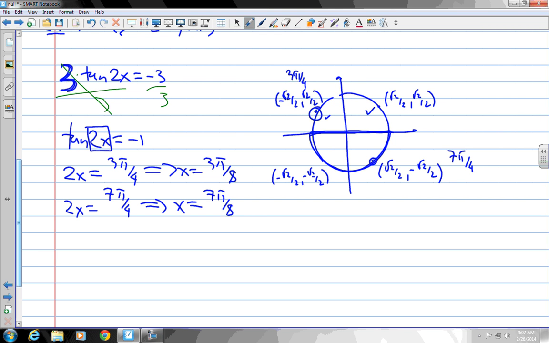But why are you adding pi? Well, how do you know it's going to give you the same value? Well, that's not good.